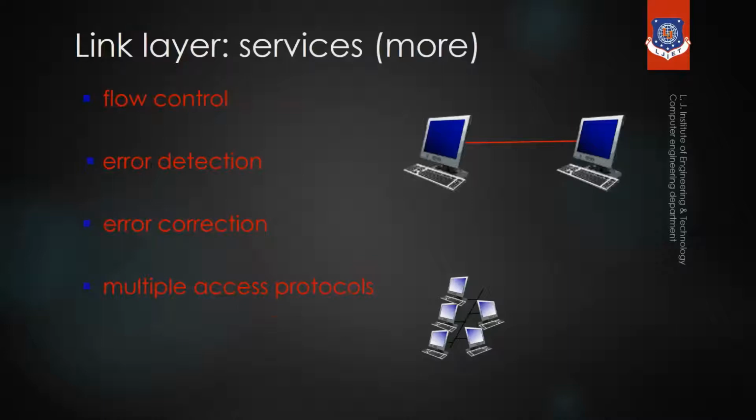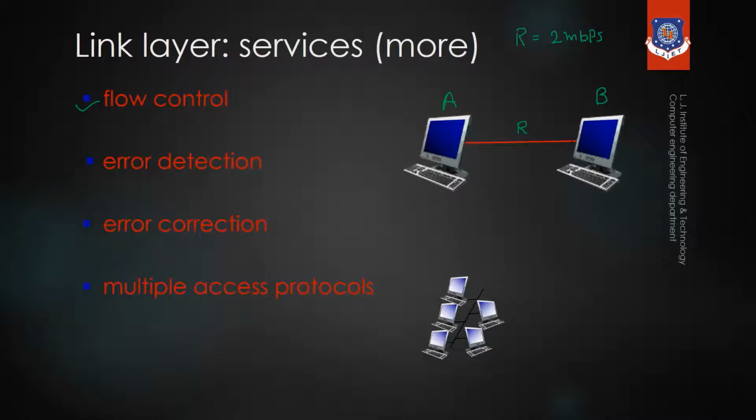The next responsibility is the flow control. Suppose device A wants to send data to device B, and A and B are connected to each other via a link of having R bits per second. And suppose the value of R is 2 Mbps.